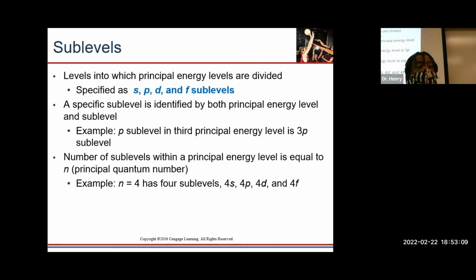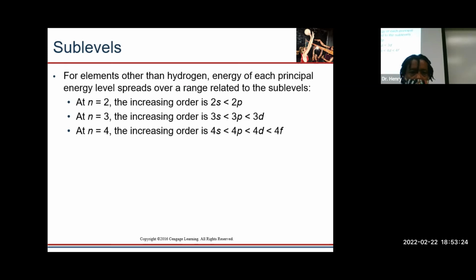Okay, so we've talked about those sublevels. So we have the S, the P, the D, and the F. We've talked about how many electrons each of those sublevels could hold. When we talk about those periods, the second period has the S and the P. Well, the 2s is lower in energy than the 2p.